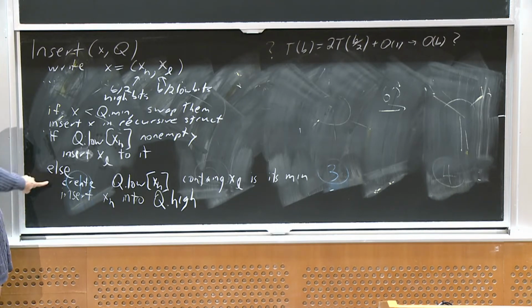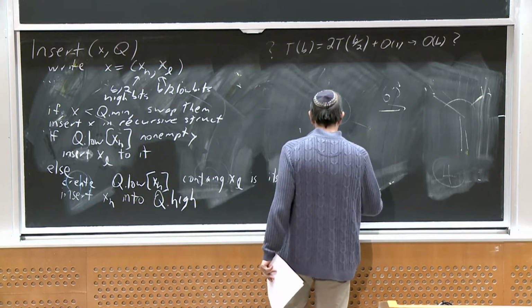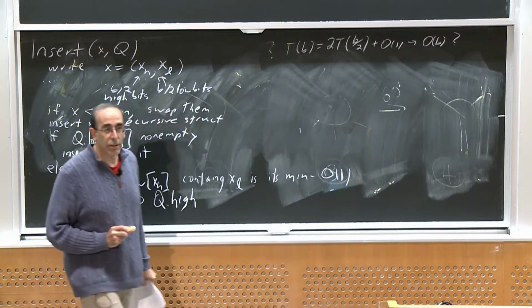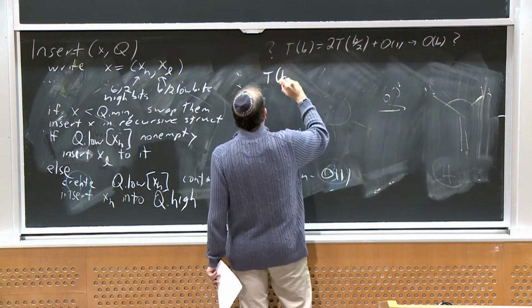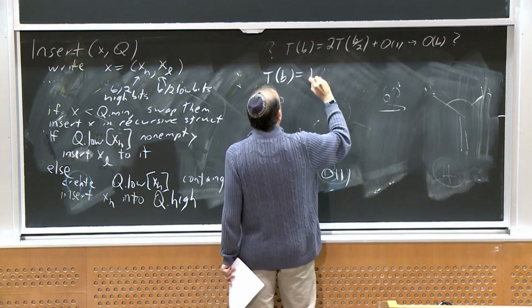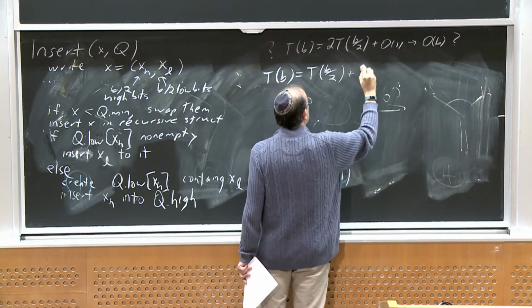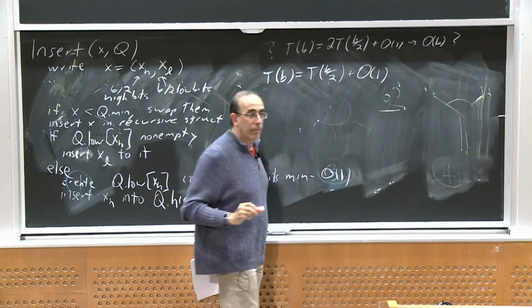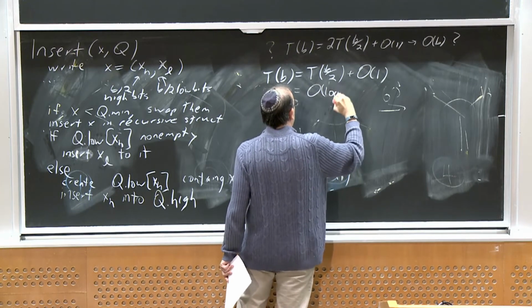Okay? So this is constant work, even though it's creating a whole data structure. Okay? And that means that, in fact, the time to insert a b-bit word into this data structure is just the time to insert a b over 2-bit word plus order 1, which means that the runtime is order log b.